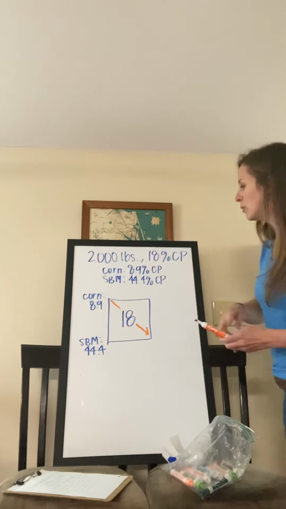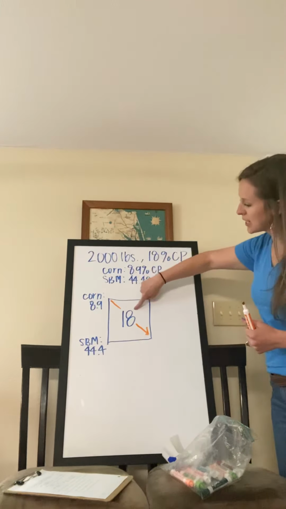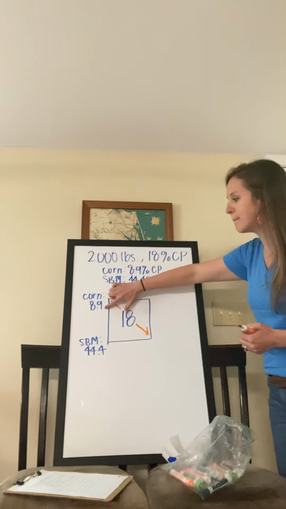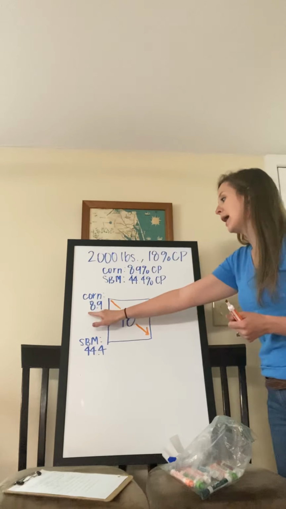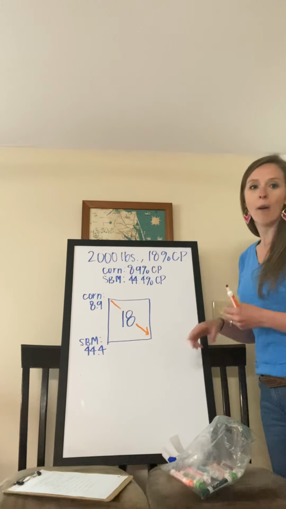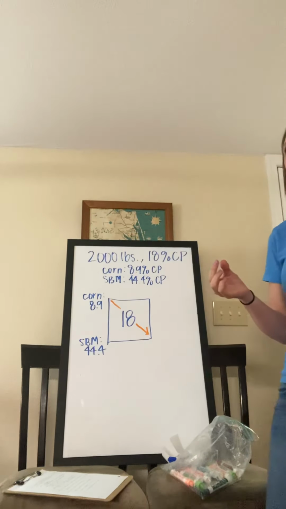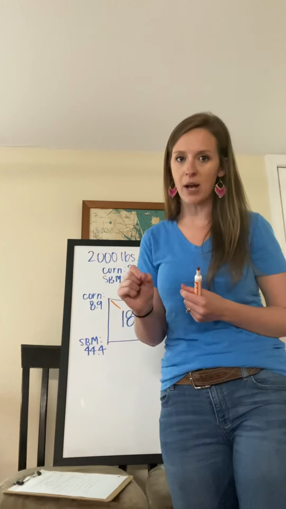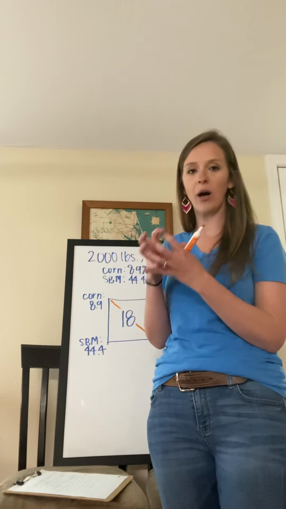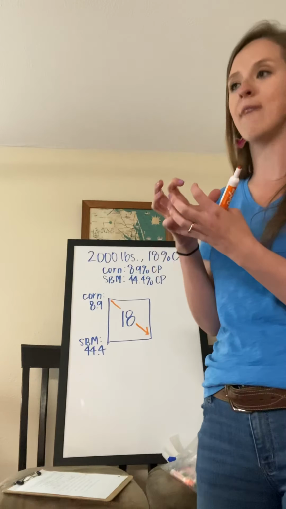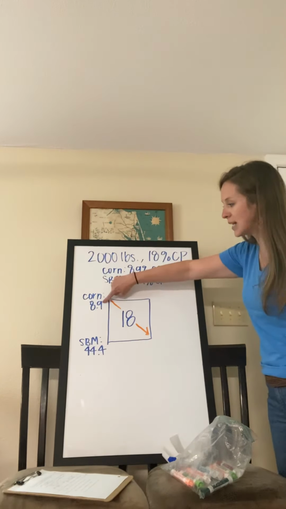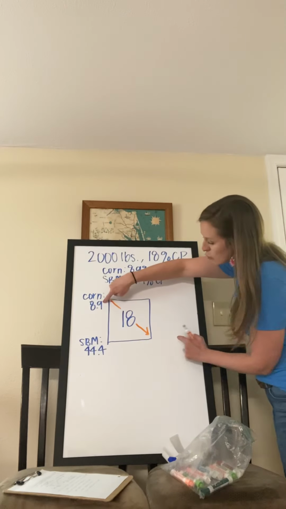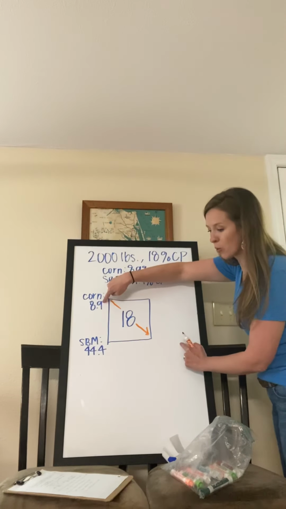So we're actually gonna take 18 minus 8.9. I know the arrow would make you think it would be 8.9 minus 18, but that would give you a negative number, and we can't really give negative amounts of feed. We're talking about a physical thing here, so we're not gonna have negatives. We're gonna take 18 minus 8.9, and write it right here where the arrow is pointing.